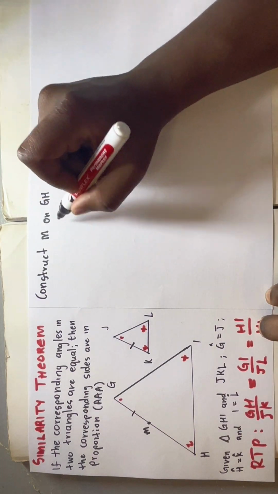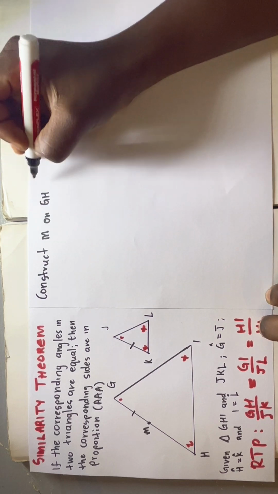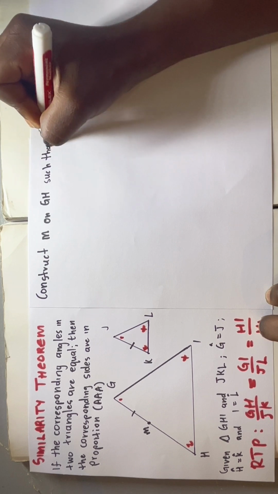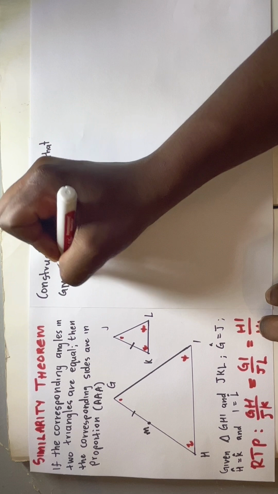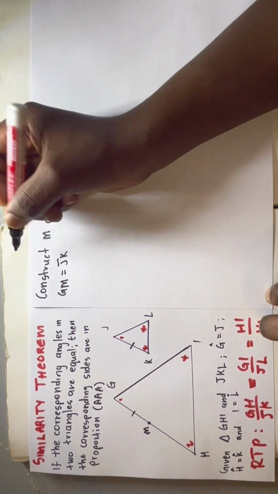So we construct M on GH such that GM is equal to JK, right?